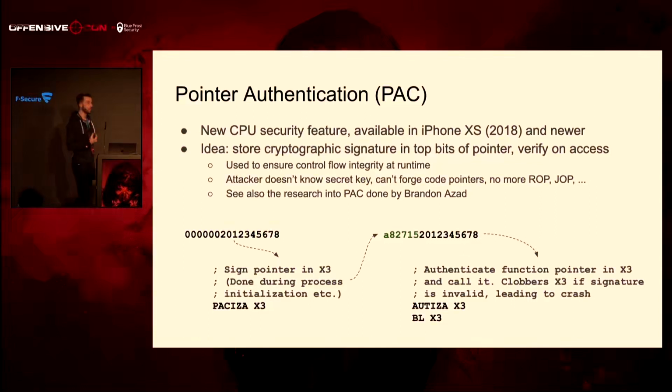And then before using a pointer, for example, for jumping to it, you authenticate and make sure the signature is actually valid. And if it's not, then you crash. And so this prevents us from directly gaining control over the program counter, because we are not able to fake these signatures.